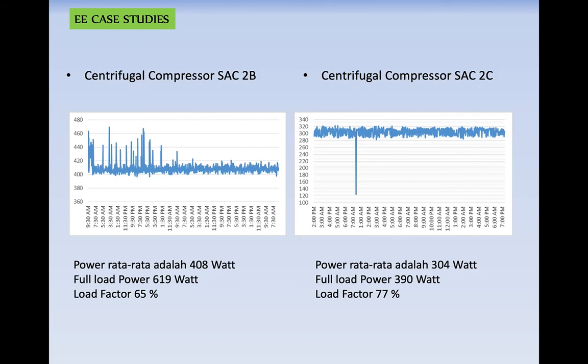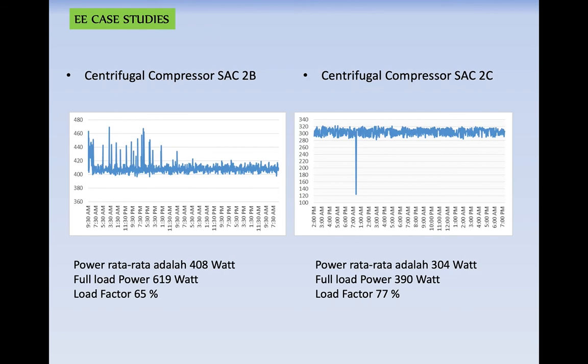The average power consumption of compressor SHG2B is 408 kilowatt, with full load power of 690 kilowatt. So we can calculate the load factor is about 65%. And in the other compressor, SHG2C, the average electric power consumption is 304 kilowatt, with full load power of 390 kilowatt. So we can calculate the load factor is about 77%.